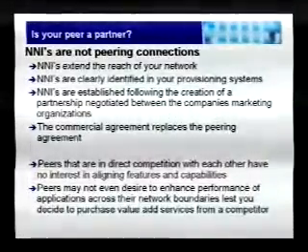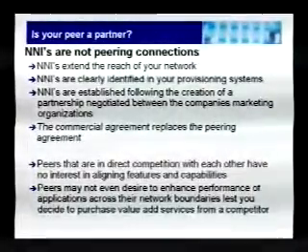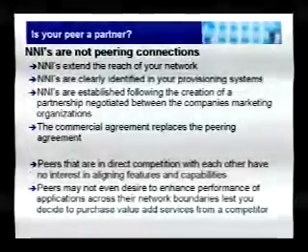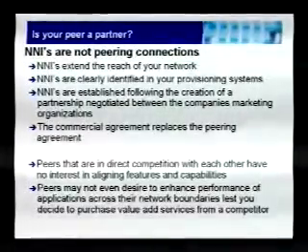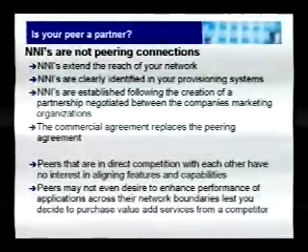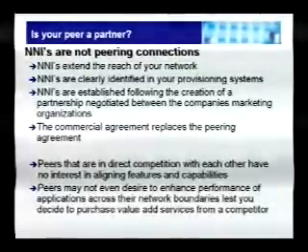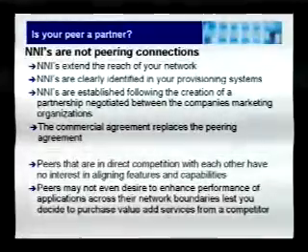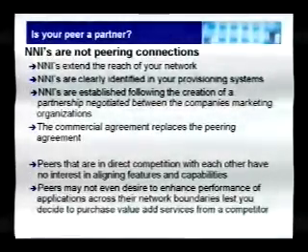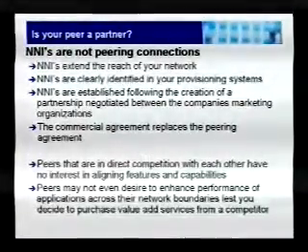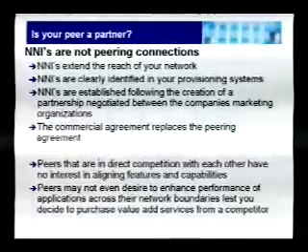And on ATM networks, when we didn't have any peering, we had these network-to-network interfaces, and we used them to extend the reach of our network. We clearly identified these NNIs in our provisioning systems. We established them following a discussion about an actual partnership.